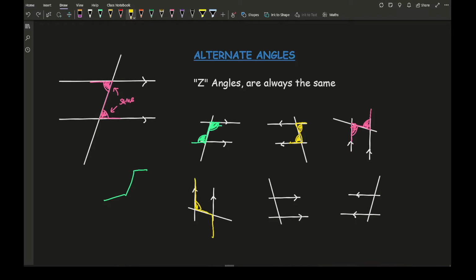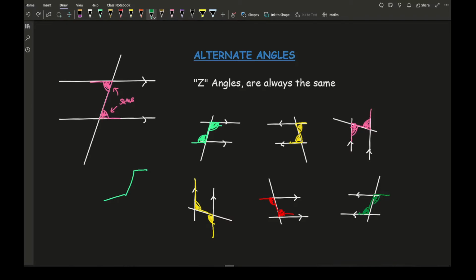So this angle here is going to be the same as that angle there. I can draw another Z like so. So this angle here is going to be the same as that angle there. And I can also draw a Z on this diagram here like so. So this angle will be the same as that angle there.